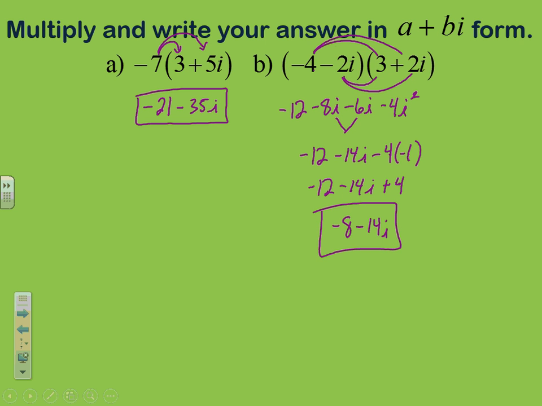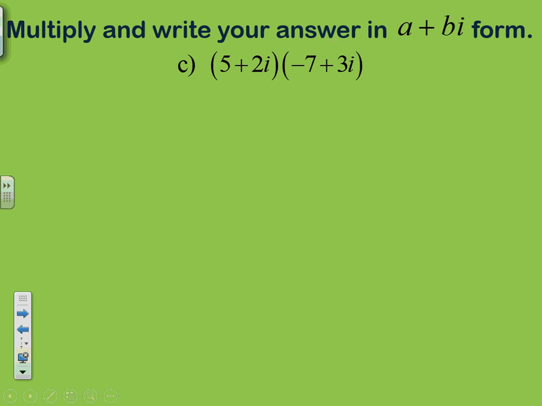And one final example here. Again, simple FOIL multiplication, combine your like terms, but without obvious conjugate pairs like we saw in the previous lesson. So first terms, 5 times 7 gives you negative 35. The outer terms will give you a positive 15i.